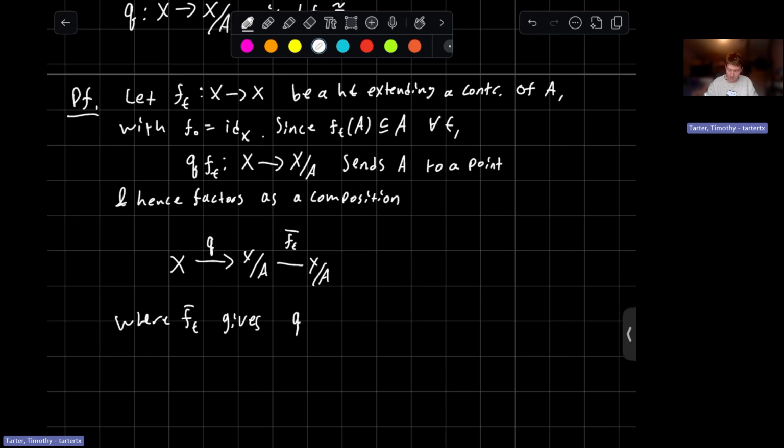I guess this gives that q f_t is equal to f_t bar q. Not sure where that plays into this.